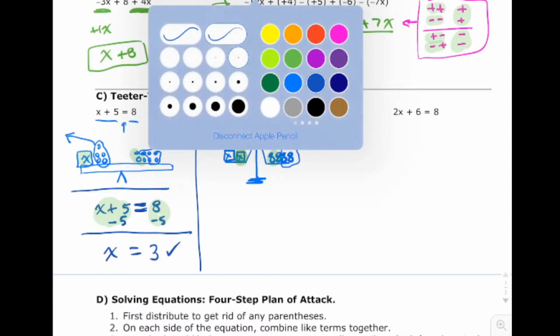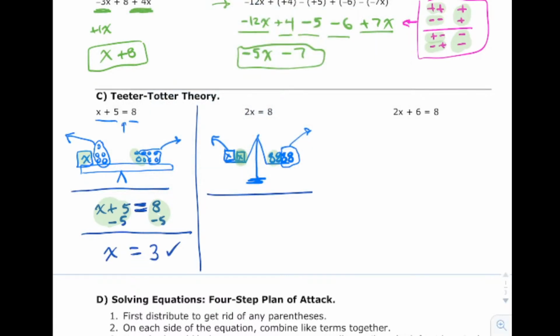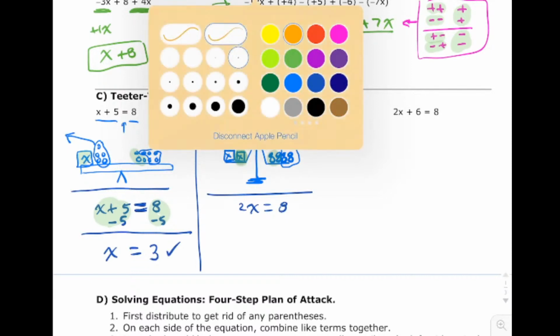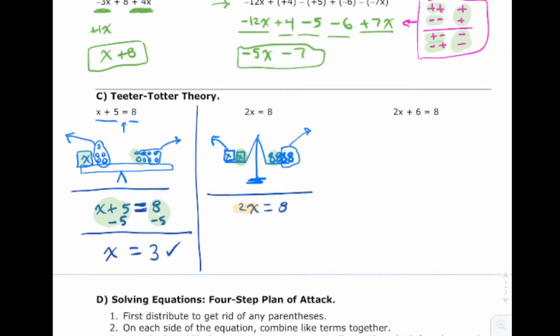Now I'll show you the math class way of doing it. You take your equation, 2x equals 8, and in this situation, by the way, notice it's not the same as the situation where we added 5 to the x, and since we added 5, we had to subtract 5. Here we're not adding 2. We're multiplying by 2. And what's the opposite of multiplying by 2?